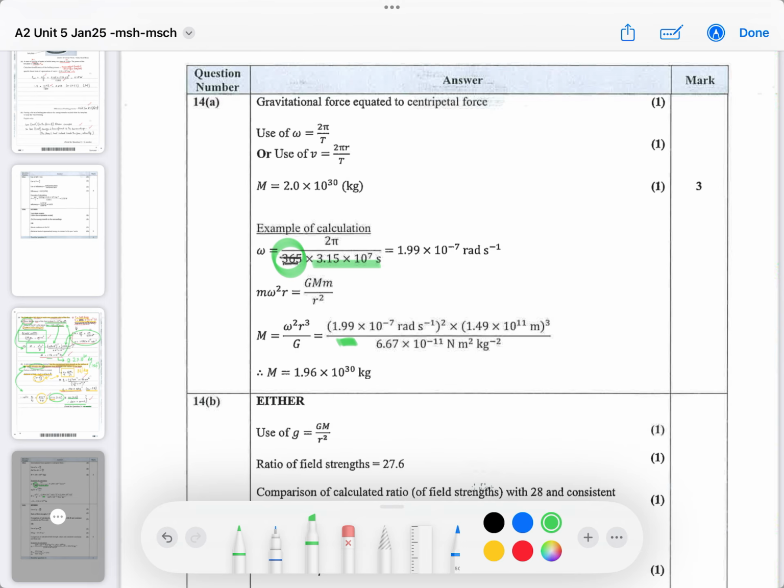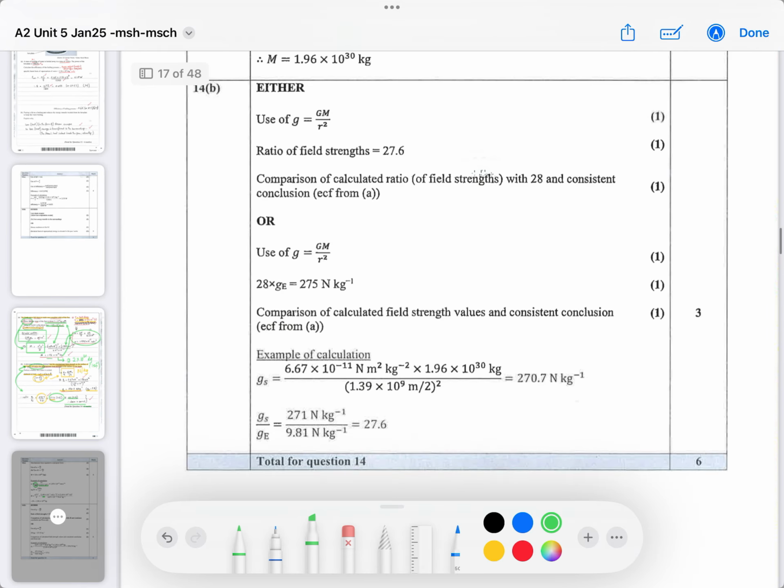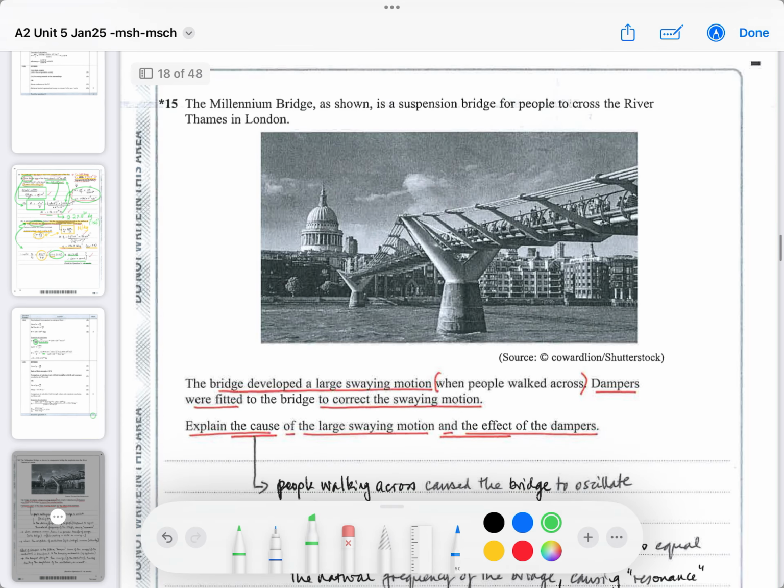It really confused me at first because I was wondering how did they get that with 365 at the bottom? Then I realized that they'd made a mistake. So even examiners or whoever types up the examiner's notes can make a mistake. And even under exam pressure, it's normal for students to make mistakes. So question 14 done, 6 more marks in the gravitational field section.